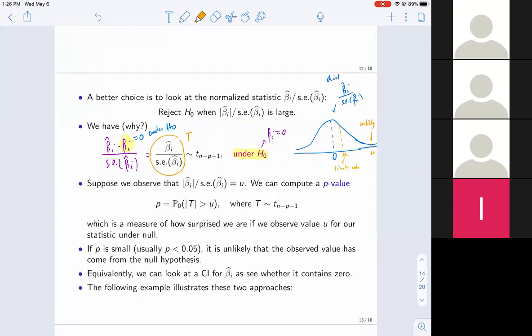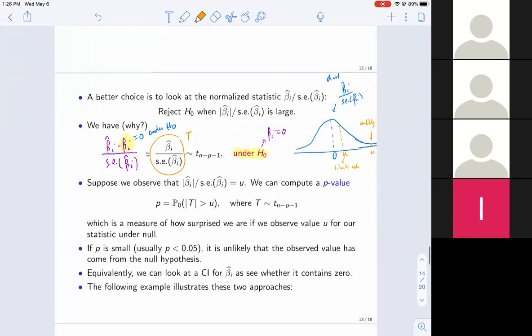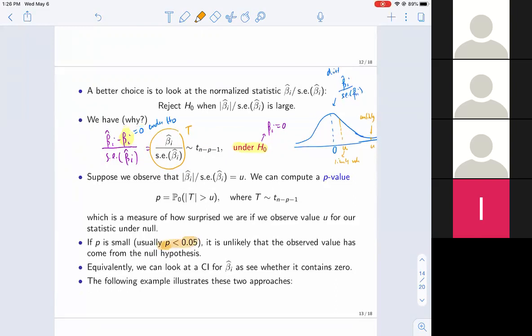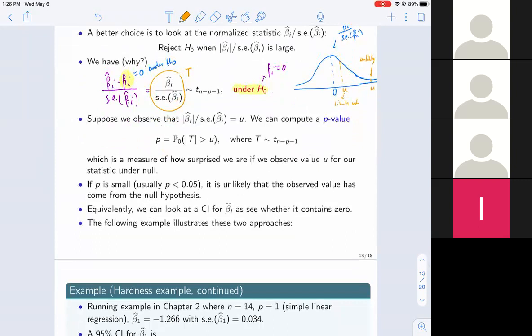If this p-value is small, generally less than 0.05, then it's unlikely that the observed value has come from the null hypothesis, and then you reject. So your test would be to reject if p is less than 0.05.